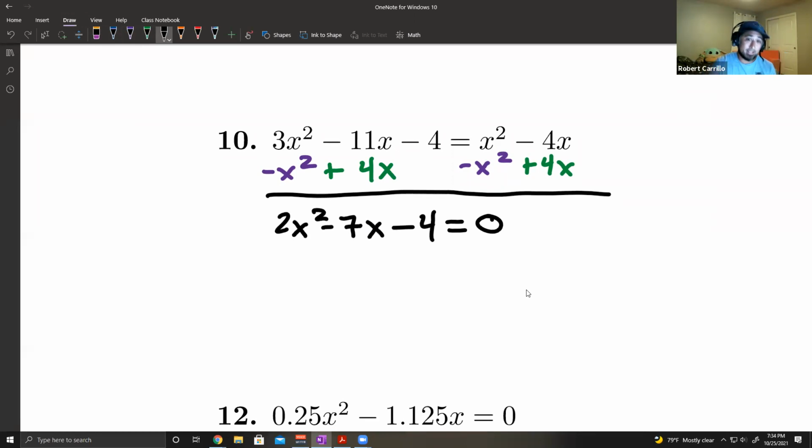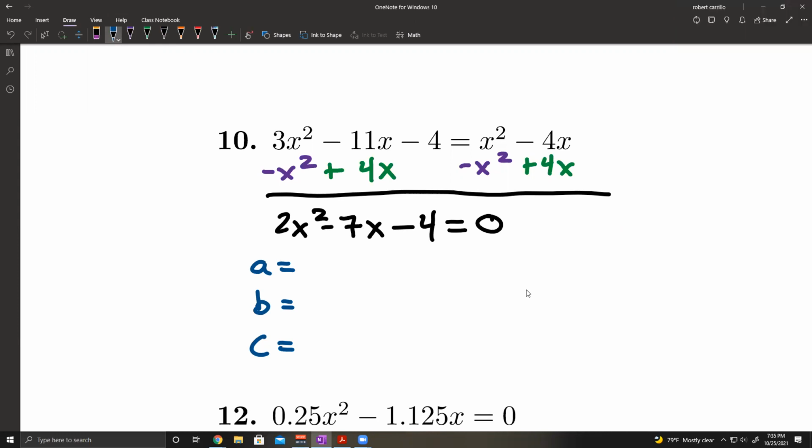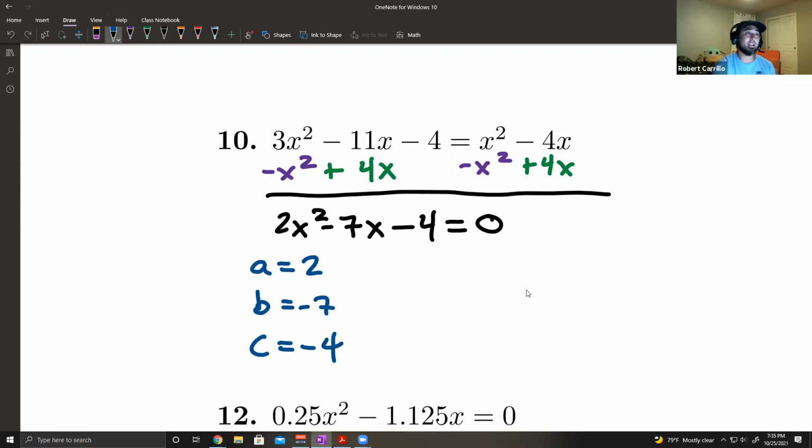Okay, and since we're in the proper format, what is the value of A, B, and C? It's 2, -7, and -4. Good. 2, -7, -4. And now let's go ahead and plug it into the quadratic formula.